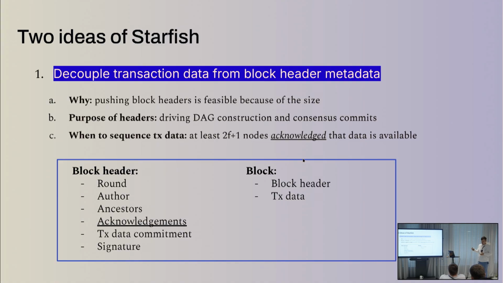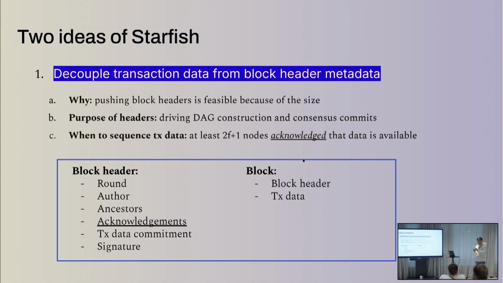So the first one is we want to decouple. So we want to split a little bit data in the block. And now we want to have a separate kind of block header, which does not include the transaction data, as you can see. And we want to push block headers instead of blocks. So a block header contains the transaction data commitment, but it doesn't contain transaction data.